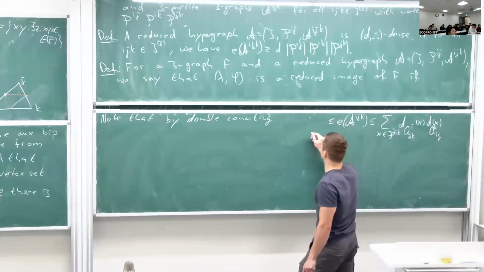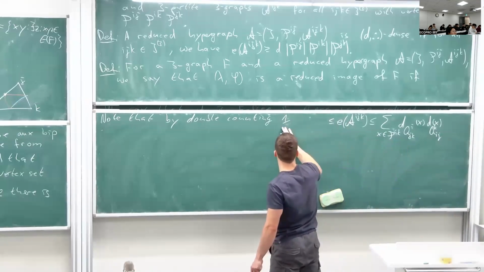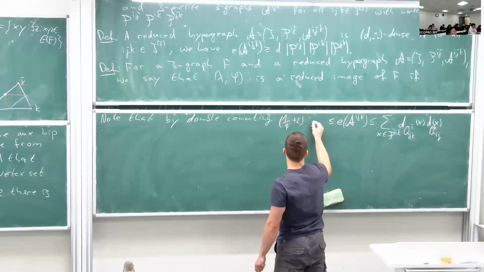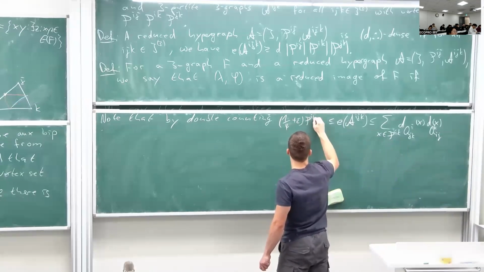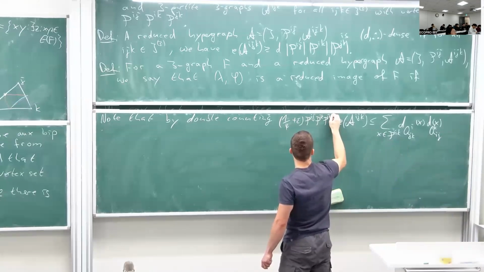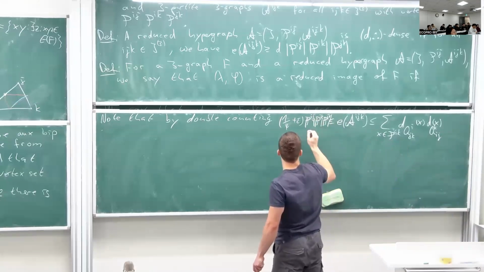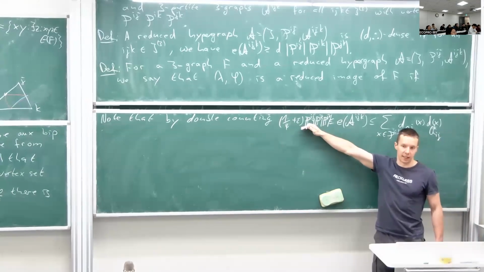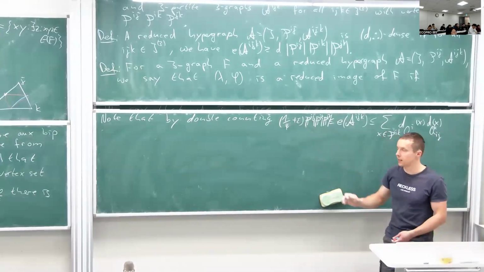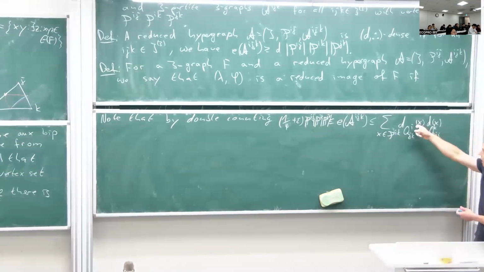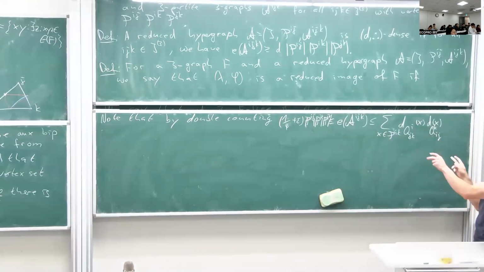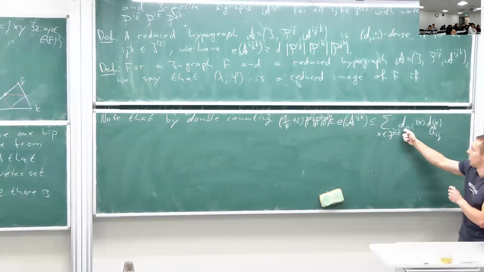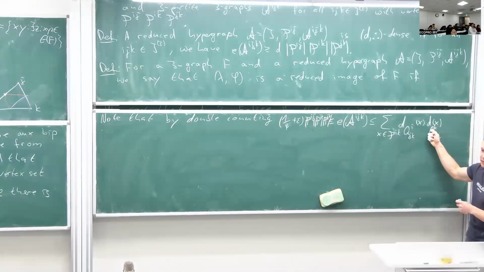Then here we know that we have the lower bound of 1/4 plus epsilon times PIJ, PIK, PJK. This lower bound is because our reduced hypergraph is dense and has 1/4 plus epsilon density. And this upper bound comes from the fact that all edges must use one vertex from the neighborhood in this graph and one vertex from the neighborhood in this graph. And then we just sum over all vertices.